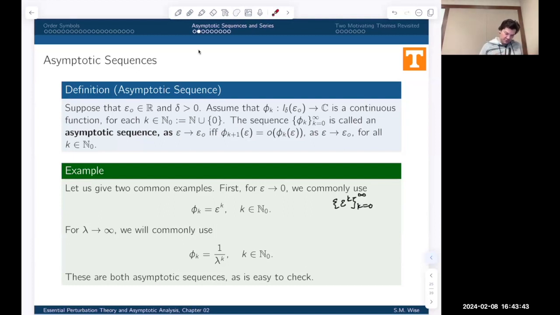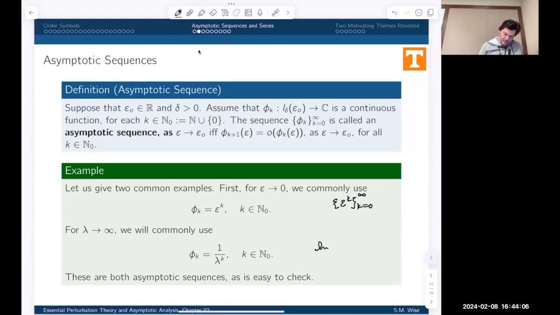What about this? What is the neighborhood we're working in here? Infinity, large. And I'm claiming that phi k equal to 1 over lambda to the k for every k in the counting numbers N0 forms an asymptotic sequence. So what do we have to show in that case?